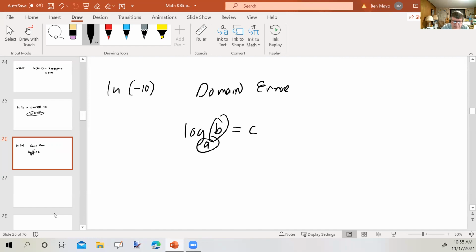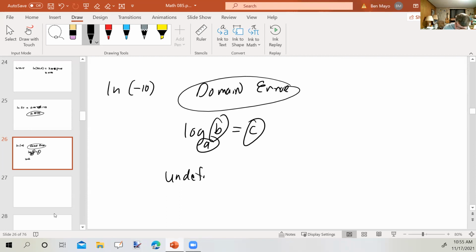The thing we're taking the log of has to be positive. The resulting answer can be any real number, but we can't take the natural log or the common log of a negative number. So domain error, can't do it. Okay. Textbook calls it undefined. I don't know that I would call it that, but in any event, you can't do it.